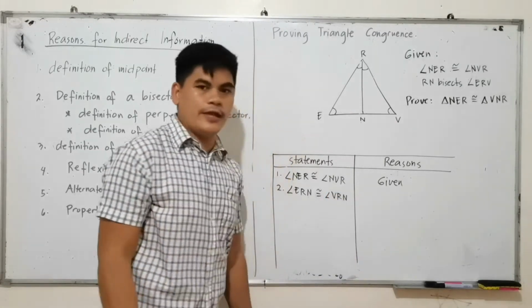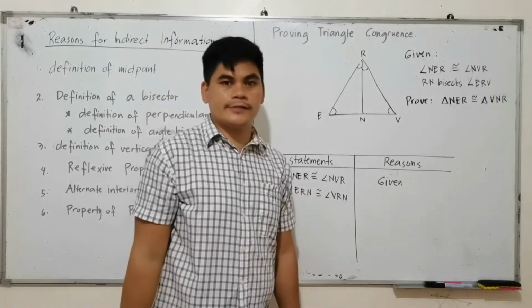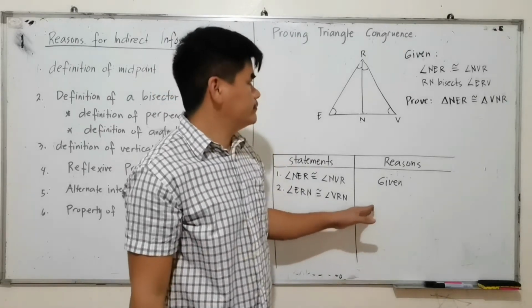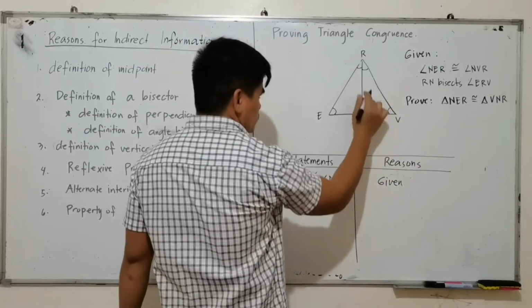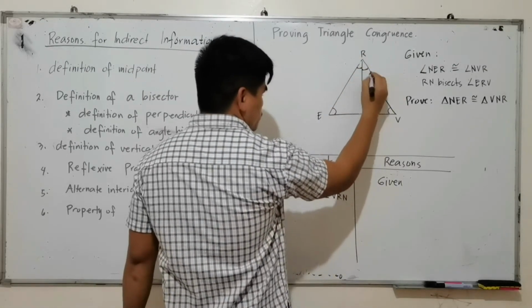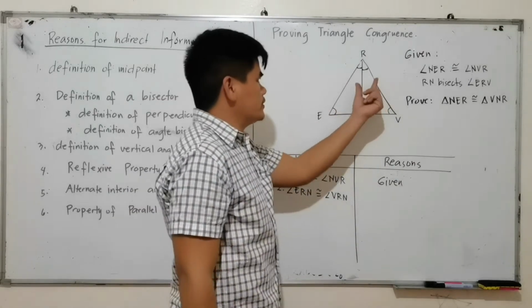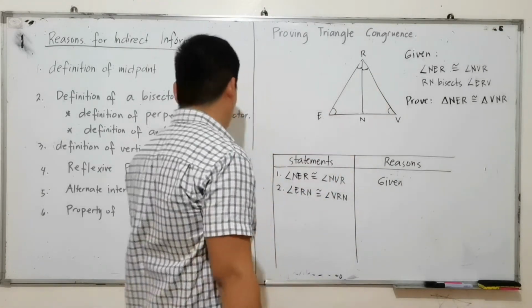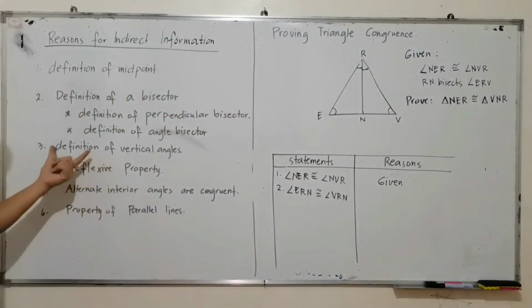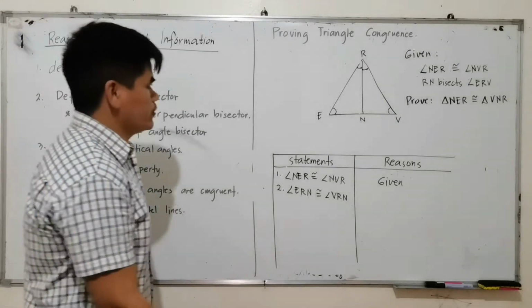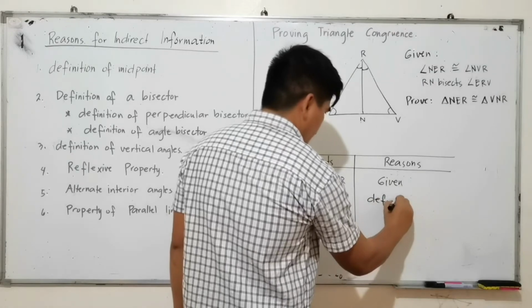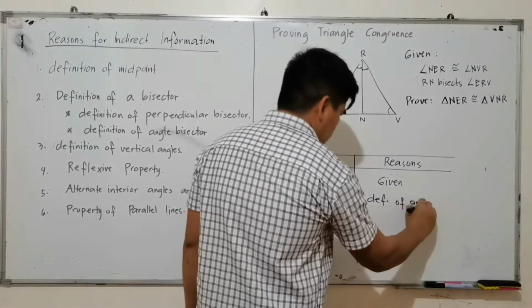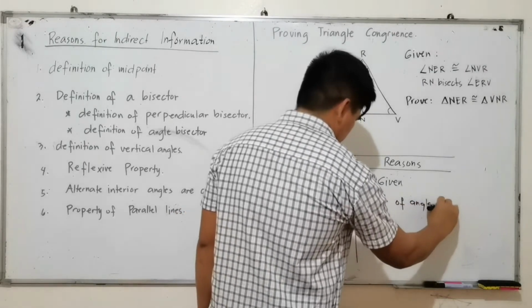What do you think is the reason? Since we have that bisector, these angles are divided into two. Therefore, our reason is definition of angle bisector.